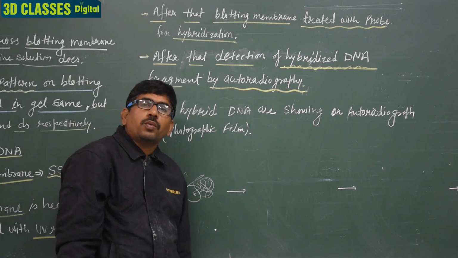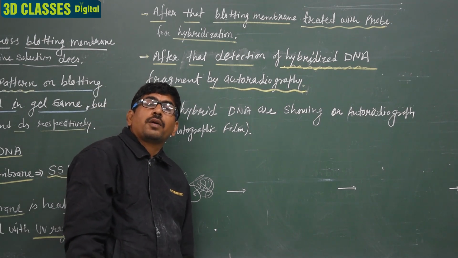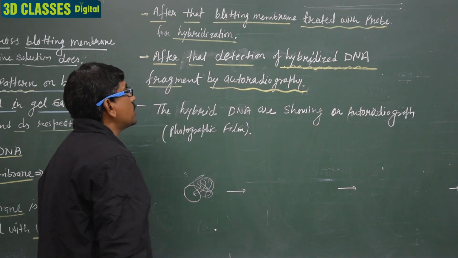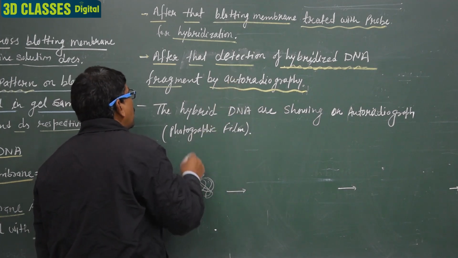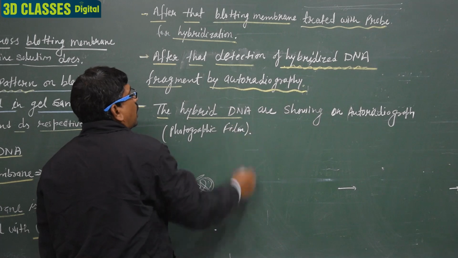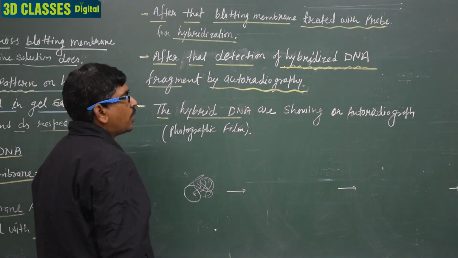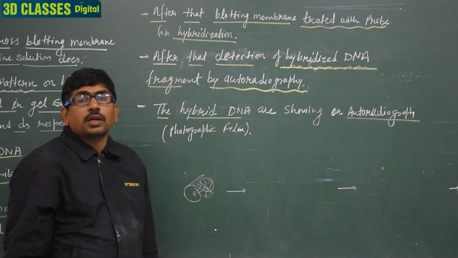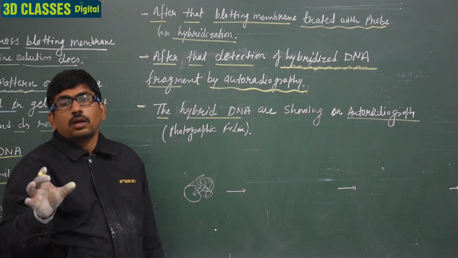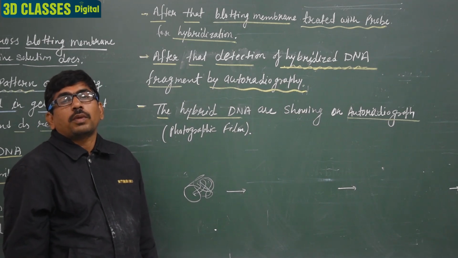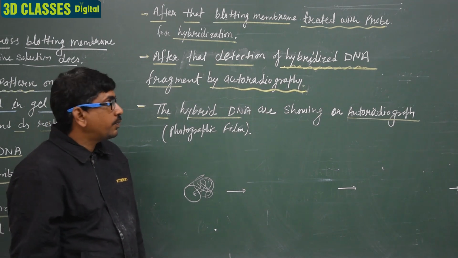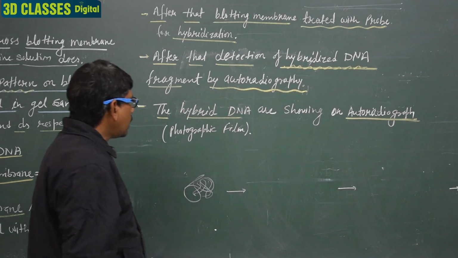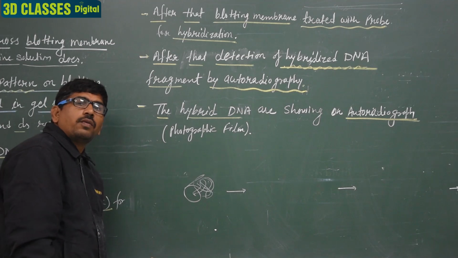So with the help of the probe and autoradiography, we identify the particular DNA segment, the hybrid DNA segment. Clear? The hybrid DNA is shown on the autoradiograph. The technique is called autoradiography, and the picture is shown by this method on the autoradiograph, which is a photographic film.